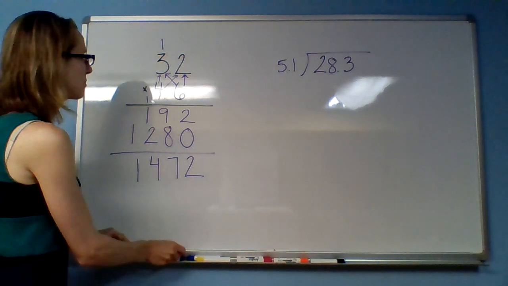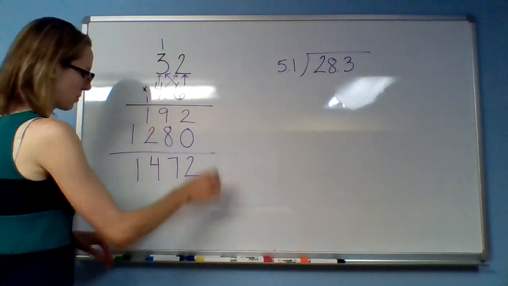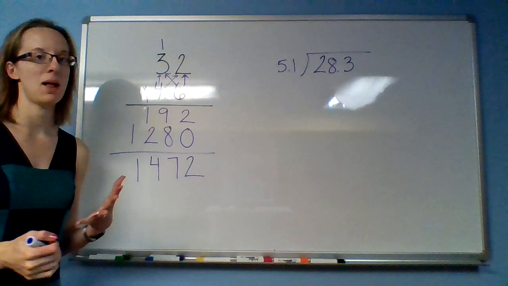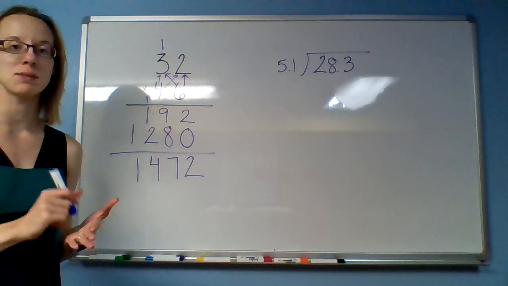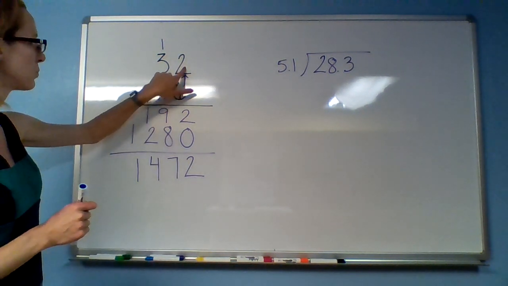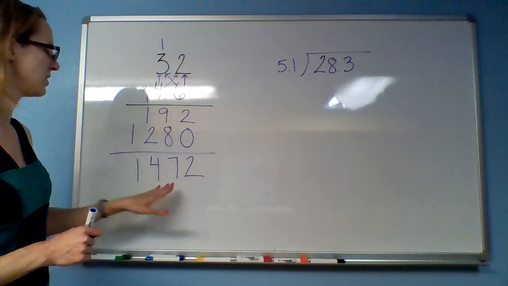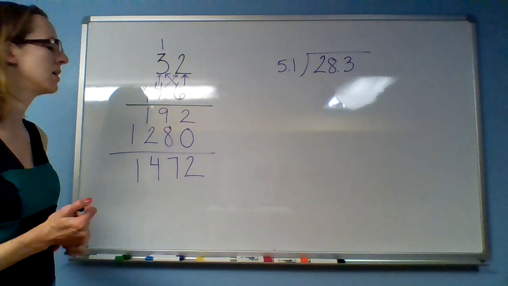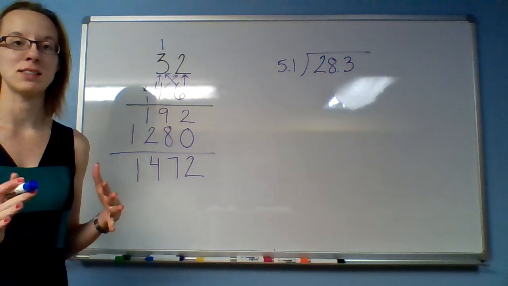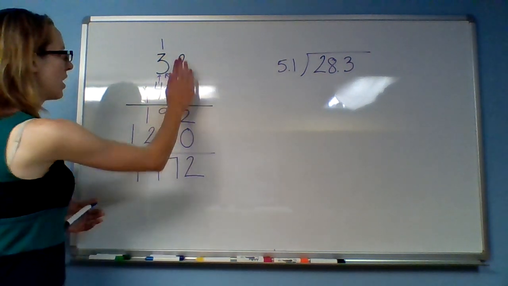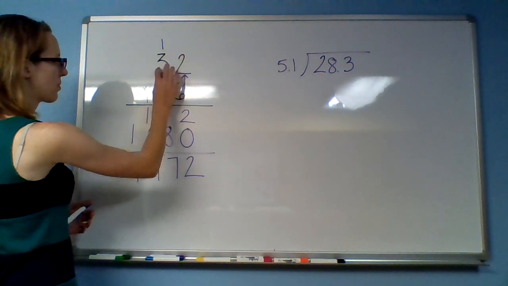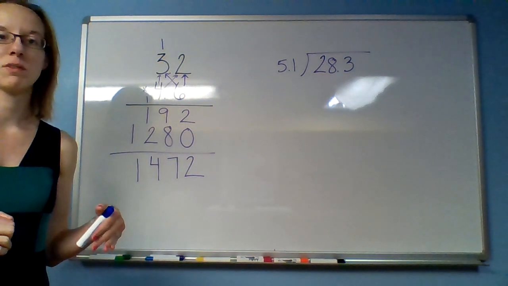However, my original problem said 3.2 times 4.6. Now, there's a couple of options I can do. First, I can count up the decimal points in the problem. There's 1, 2 things after the decimal point. So I know my answer needs 2 things after the decimal point. The other thing I can do is a rough estimate by chunking off and just looking at the whole numbers and saying, well, 3 times 4 would have been 12.